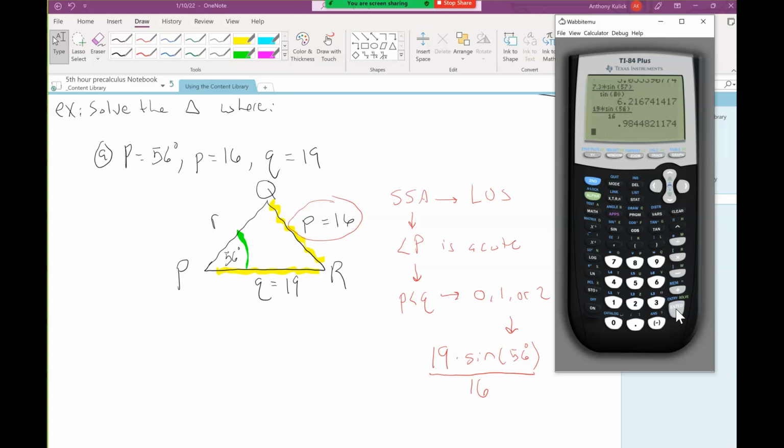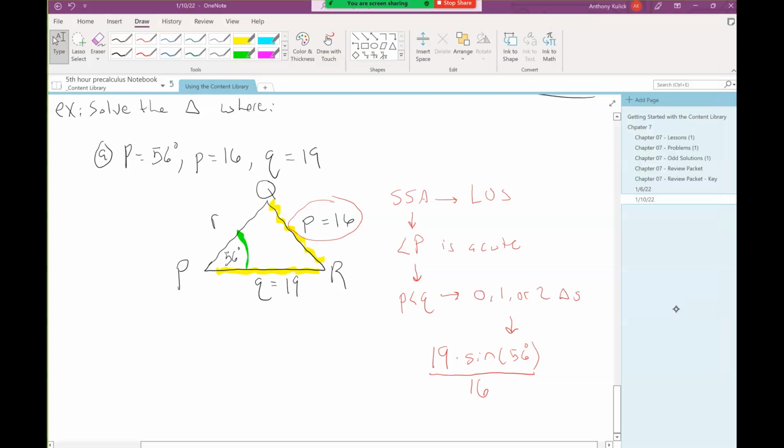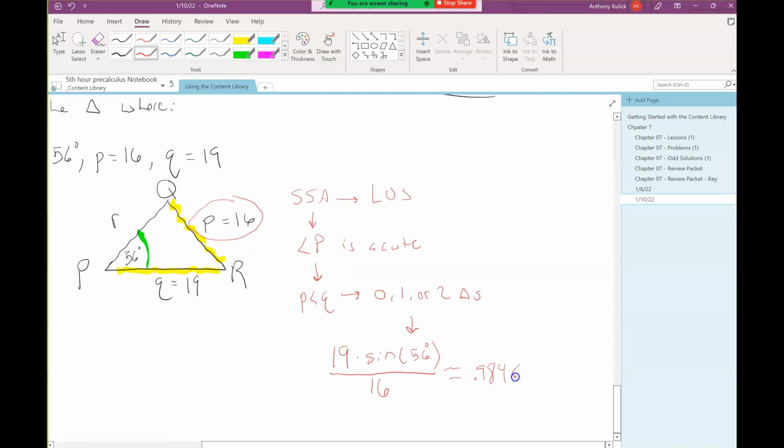And I get about 0.984. Now, since that was less than 1, it tells me I'm looking for 2 triangles. So I'm going to get 2 sets of answers here.